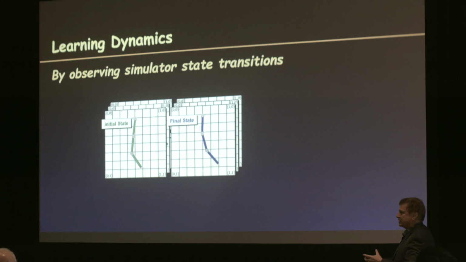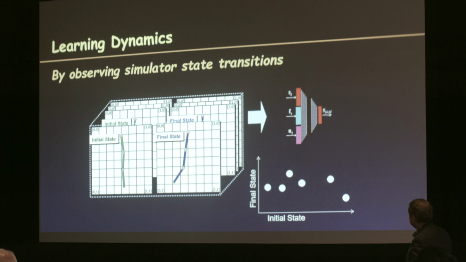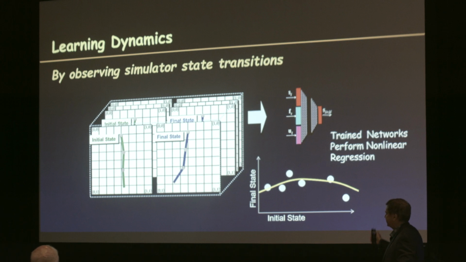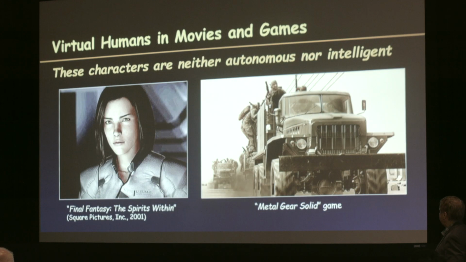And then you create more random states like this, state transitions, and feed that training data to the neural network. What the neural network is doing is regression, basically. It's fitting a non-linear model to the training data from the initial state to the next state or final state. And once it's learned the behavior, it can emulate the behavior much faster than the physical simulator.